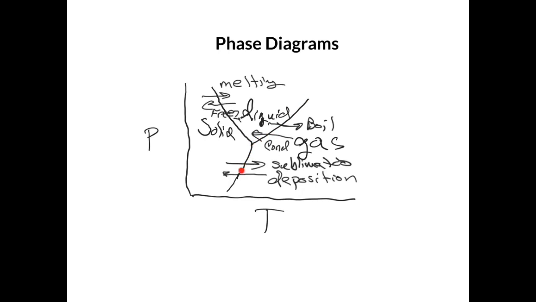Here are your temperature and pressure where you have sublimation or deposition. So that's kind of the general idea. And then, furthermore, we can look at certain points. I'll draw this point here. That blue point is called the triple point.